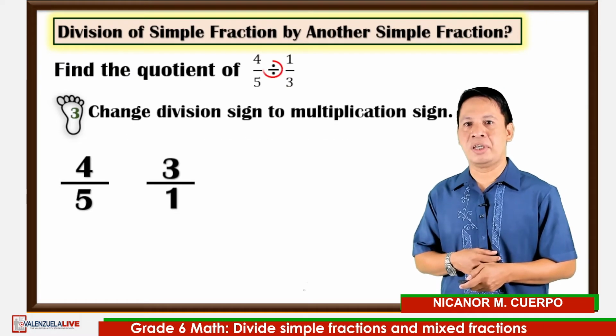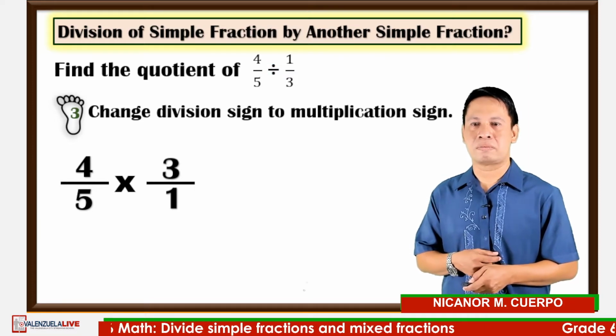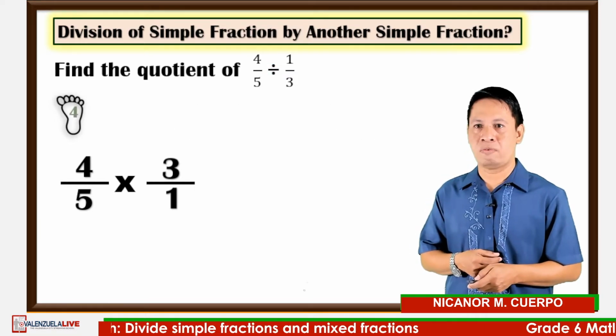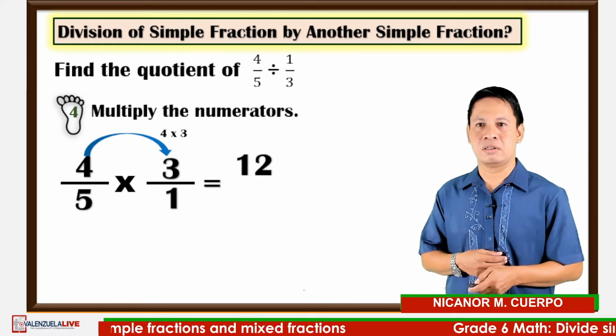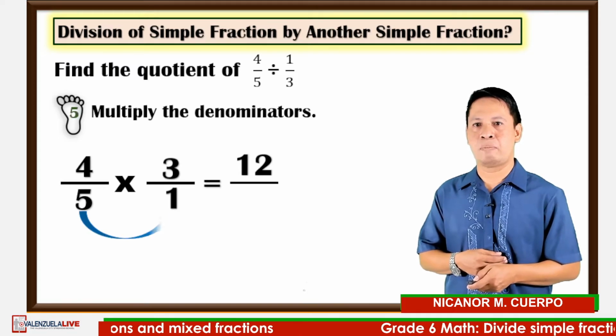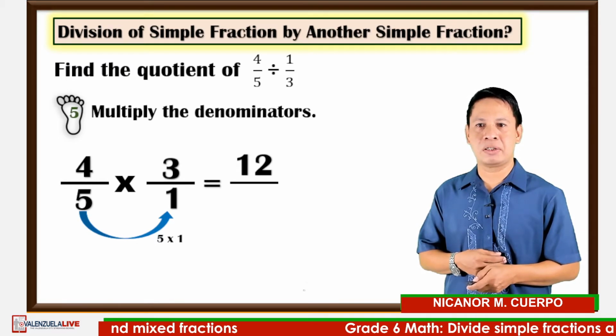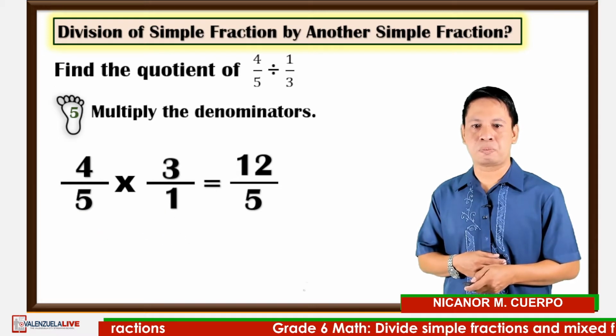Step 3, change the division sign to a multiplication sign. Step 4, multiply the numerators. 4 times 3 equals 12. Step 5, multiply the denominators. 5 times 1 equals 5.